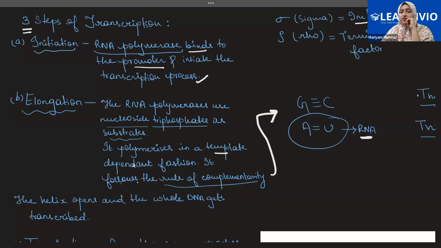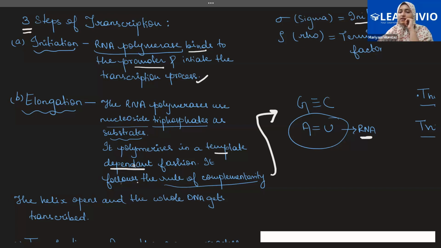Then comes elongation. The RNA polymerase uses the nucleoside triphosphates as the substrates. It polymerizes, which means extension, so that more and more base pairs are added depending upon the DNA template. And it is template dependent.